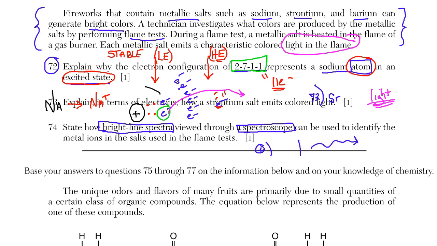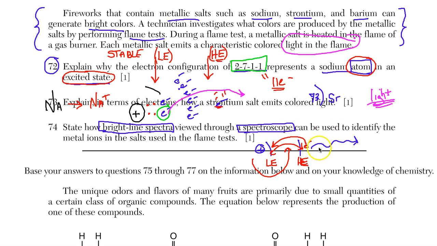They jumped farther away to a higher energy orbital or orbit, higher energy, HE, this is low energy. And then because they were excited, had energy, and they pulled away from the positive nucleus, they very quickly jump back to their ground position. And to go to lower energy, they release light. Remember, you absorb energy to jump away, and you release light when you jump back.